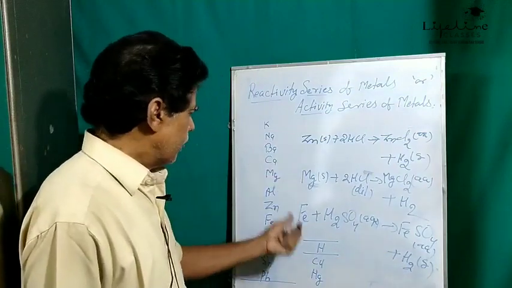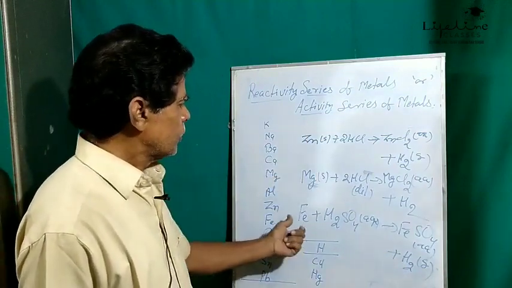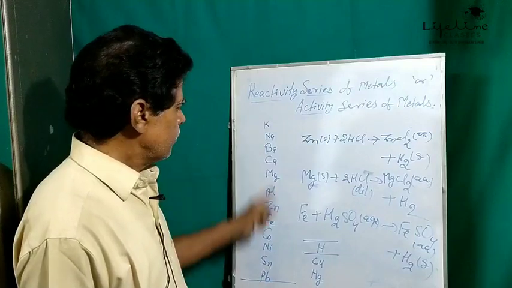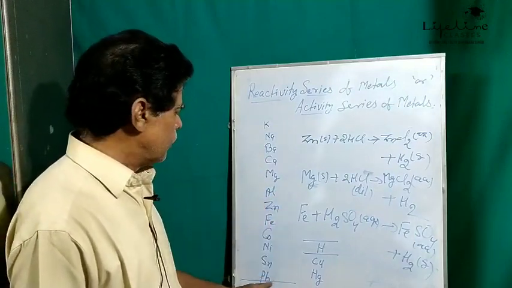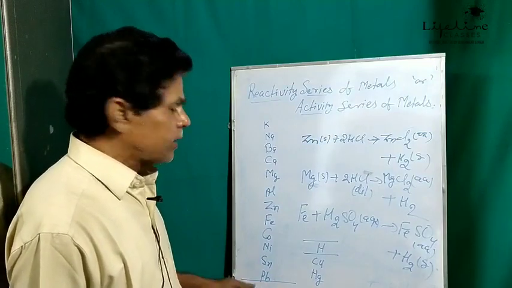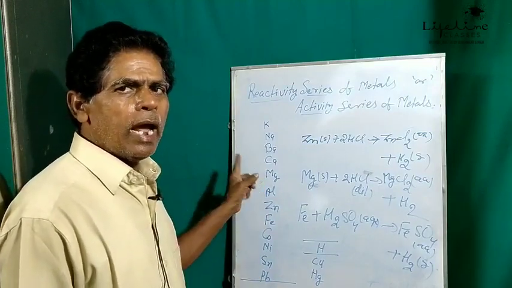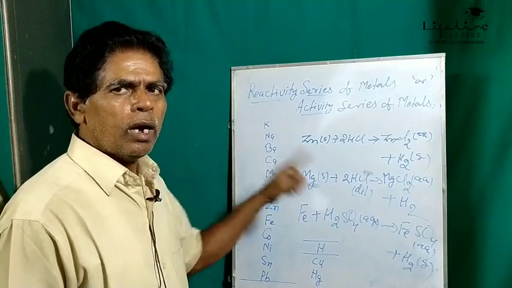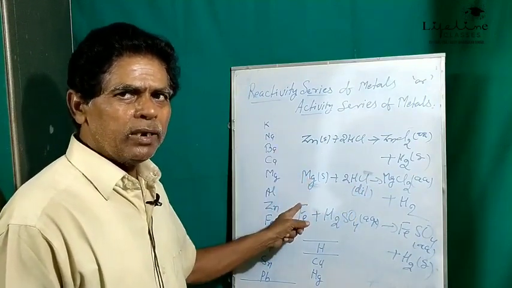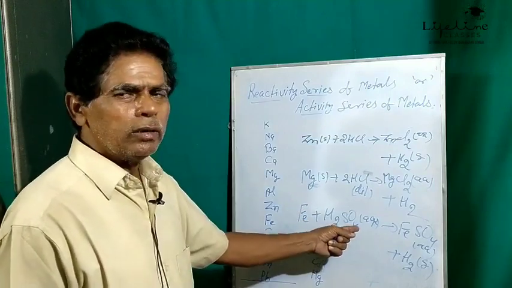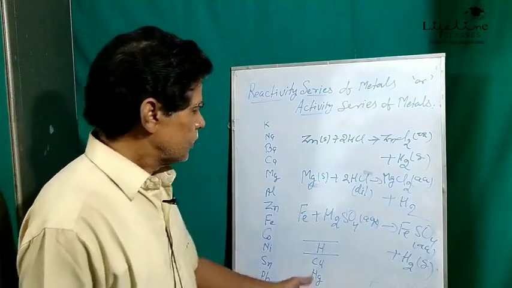So these are the features of the metal reactivity series, in which the metals lying above hydrogen have the tendency to lose electrons more rapidly as compared to hydrogen and liberate hydrogen gas.